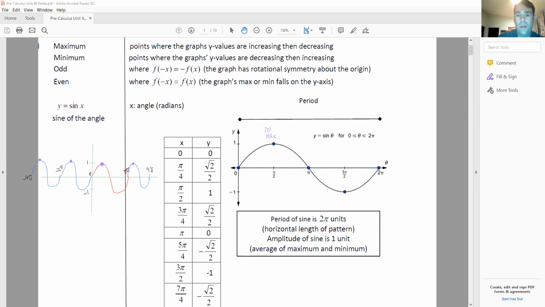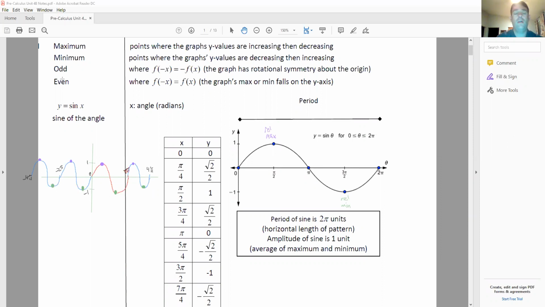It's also going to have a relative min, the bottom of a hill, the lowest point of the graph, where the graph goes from decreasing to increasing. And again, it's going to be on every period length.